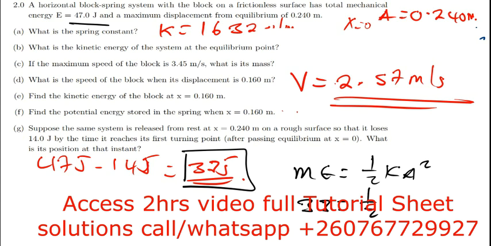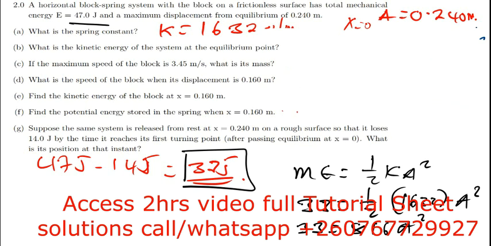Half the k value will not change, 1632, then the A squared. So we'll have 0.5 times 1632. Okay, so I have 33 is equal to 816 A squared.